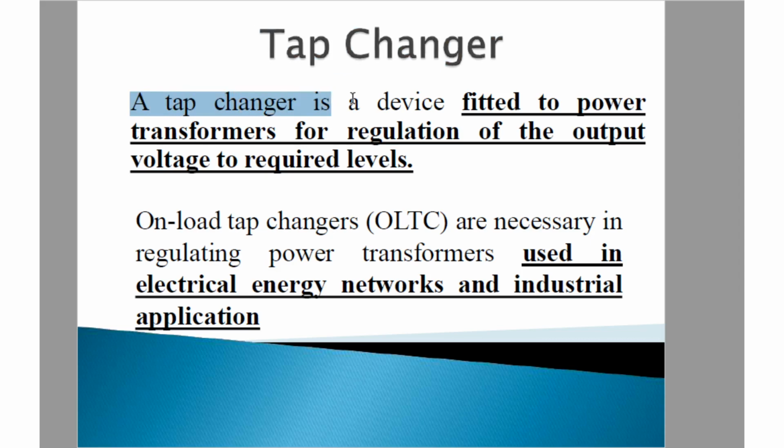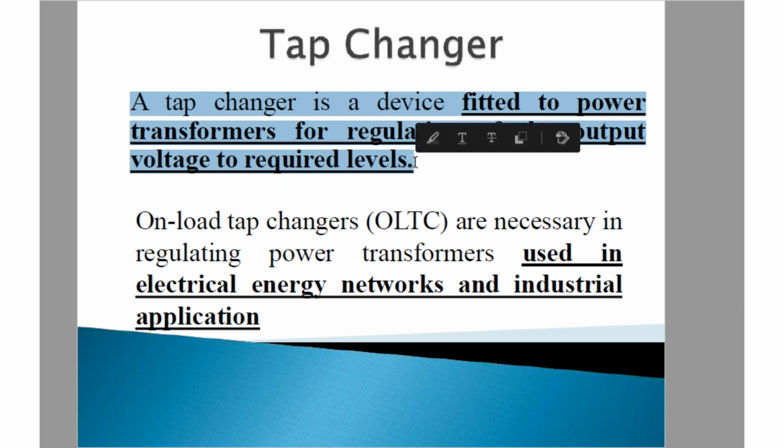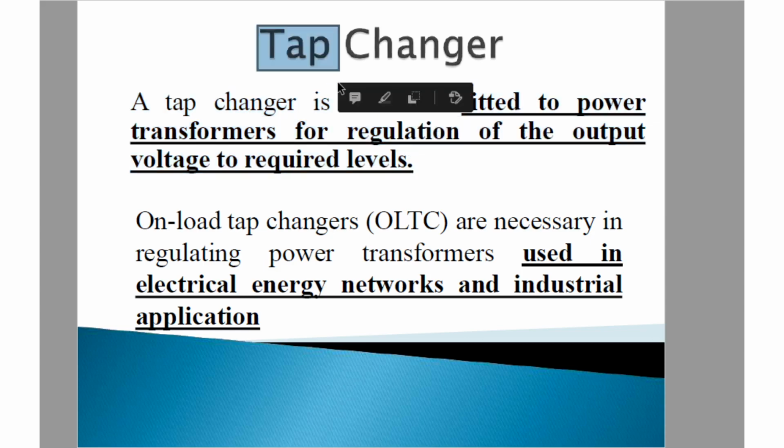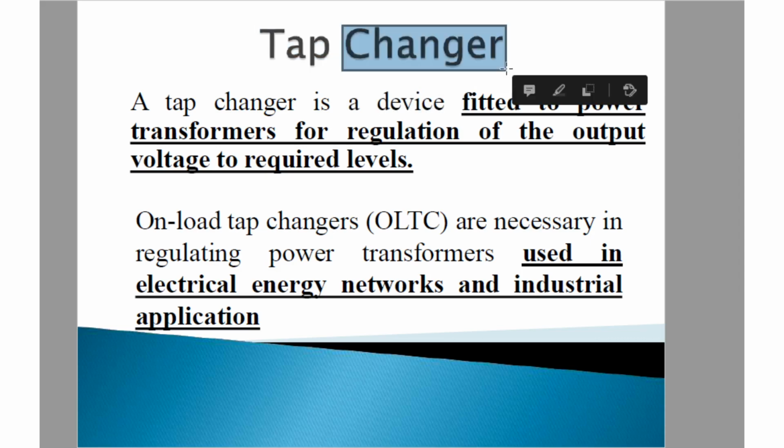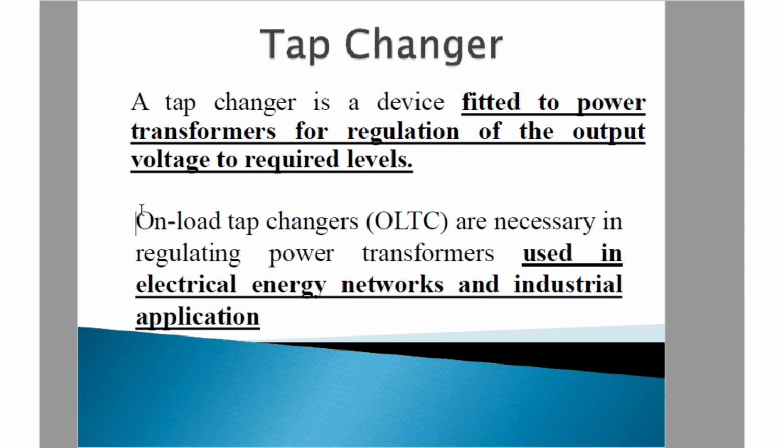A tap changer is a device fitted to power transformers for regulation of the output voltage to the required levels. You can consider this as a tap, and with the help of the tap we change the voltage level. Whenever the load is connected and we want to change the tap, it is called an OLTC.